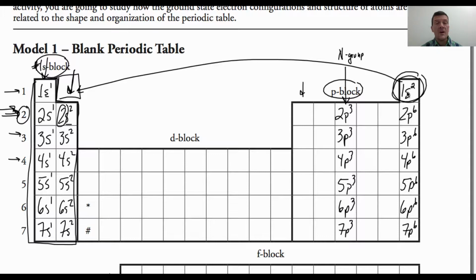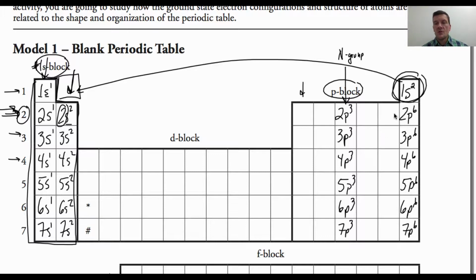The 1s orbital is full with just 2 electrons. The p orbitals are full once you have 6 in there. There are 3 p orbitals, each having 2 electrons, so it's full when you have 6. That's why helium behaves like the other noble gases, and that's why it's in that group.